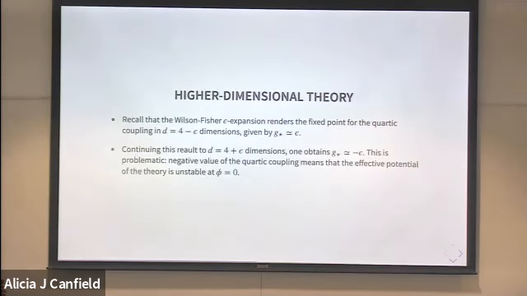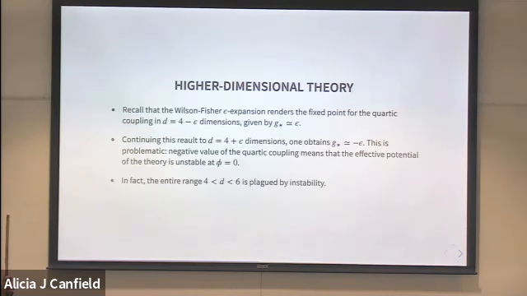You could have done the same thing formally for 4 plus epsilon dimensions. Then we get that now the coupling constant is minus epsilon, which is a catastrophe because now you have a runaway behavior away from the vacuum phi equal to 0. So you see it is unstable. It's actually unstable in the entire range of the higher dimensions.